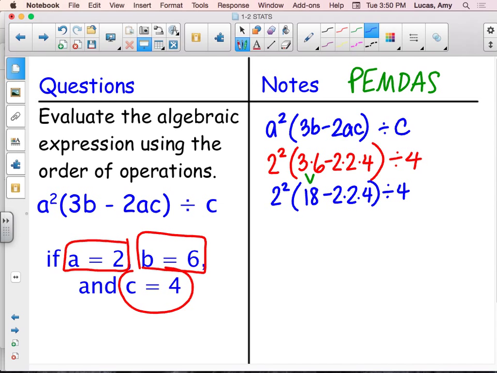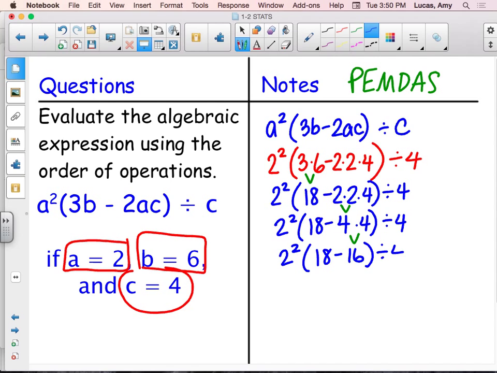Then I'm going to move over, still in the parentheses. 2 times 2 is 4. Still in the parentheses again. 4 times 4 is 16. And last step with the parentheses, now I can subtract. 18 minus 16 is 2.